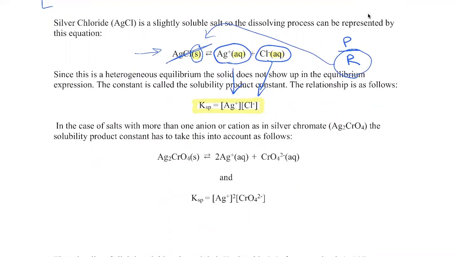But if you were looking at a different reaction where you had coefficients in front of your ions, they are still going to become exponents, just like we've seen in other equilibrium expressions, where the 2 becomes a squared. And again, there's a solid, so there's no denominator. We just take our products, and that gives us our KSP expression.